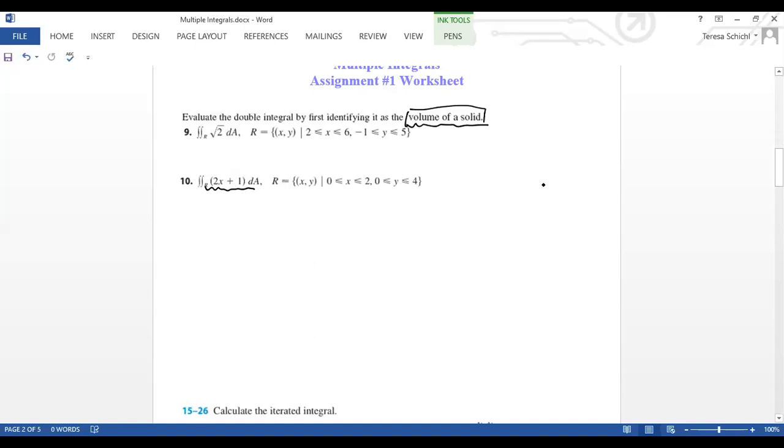Let's first look at what this solid looks like. I'm going to graph it here. This is my y-axis, this is my x-axis, and this is my z-axis. Of course this point is 0, 0, 0.